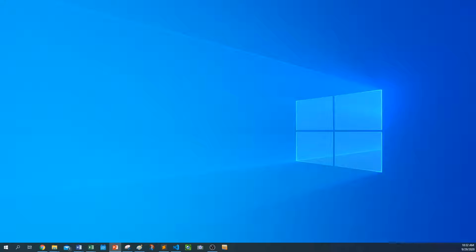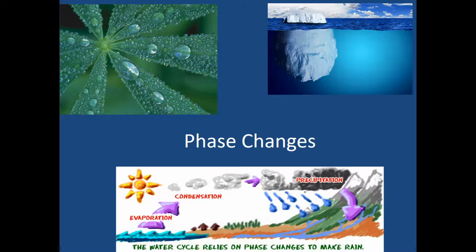And also, I'll be reusing some of the terminology on both tests. Alright, phase changes.